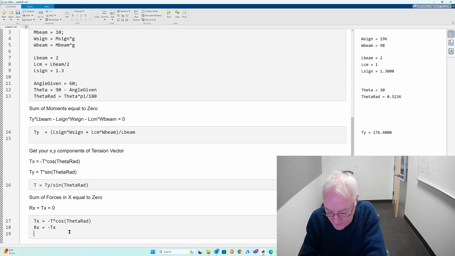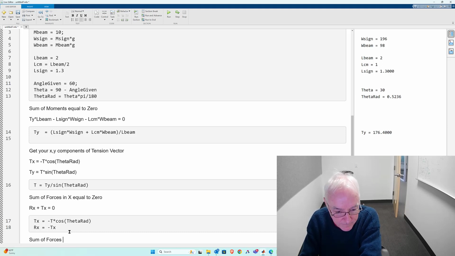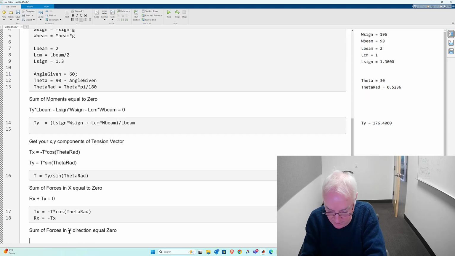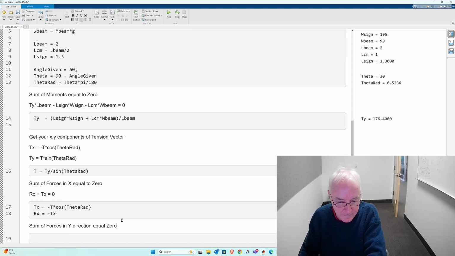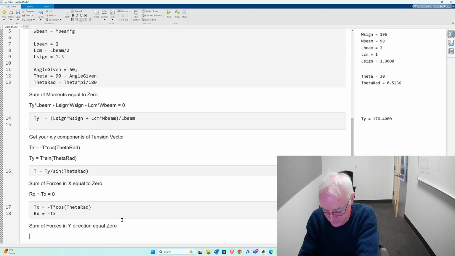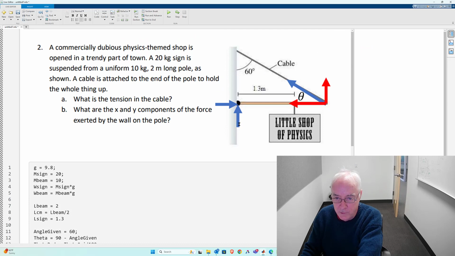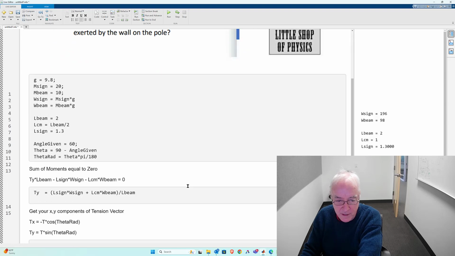And of course, the last piece of this is sum of forces in the y direction equals 0. Before we get there, I'm just going to write it out. Again, I want to go look at the figure, and we see reaction force y, tension force y, negative on weight of sine, and negative on weight of beam.